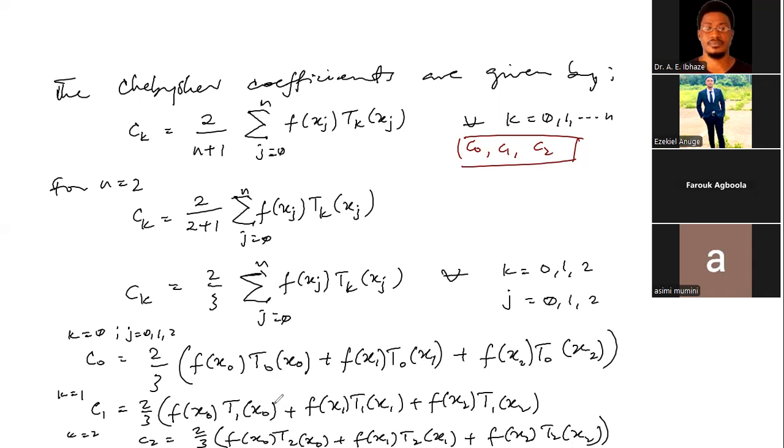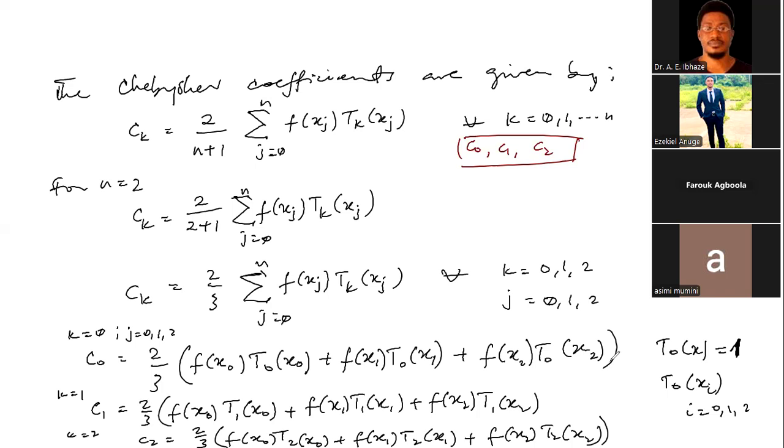But how do we figure out s0, s1, s2? We know that our T0 of x is a constant value. So how do we tell T0 of s sub i, where i now takes on values from 0, 1, 2? Let's assume it even goes to the 10th degree.